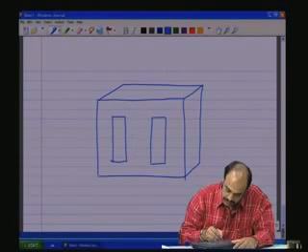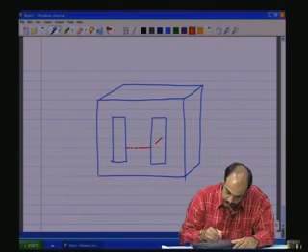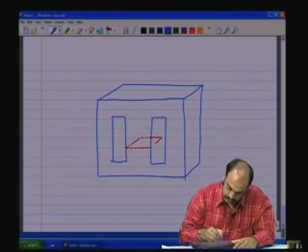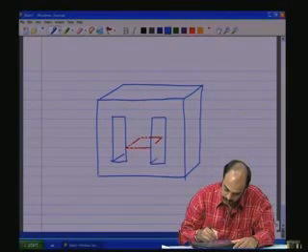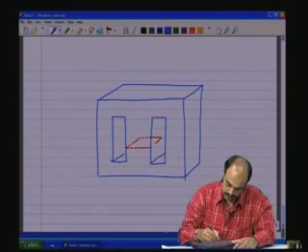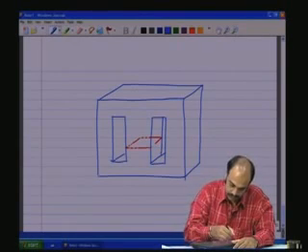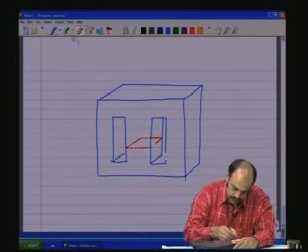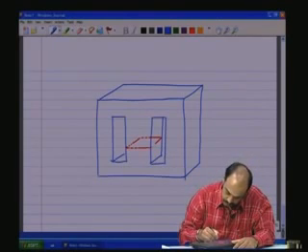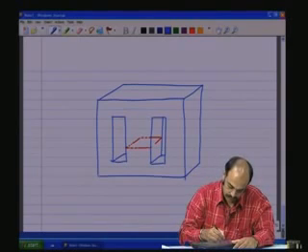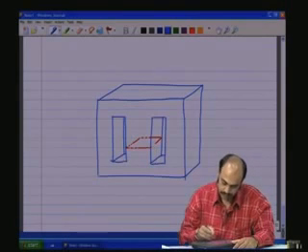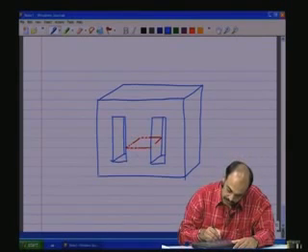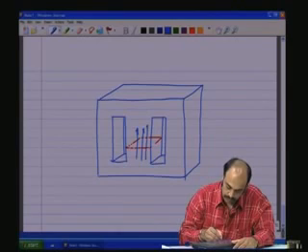Let me show it in this different color in this 3D image here, through which the flux is flowing.